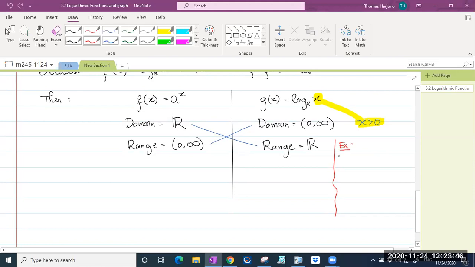For example, find the domain of log base 2 of (2x minus 3) over (x plus 6). How to find the domain? All you need to solve is that the argument, (2x minus 3) over (x plus 6), has to be strictly positive. That's all, right?